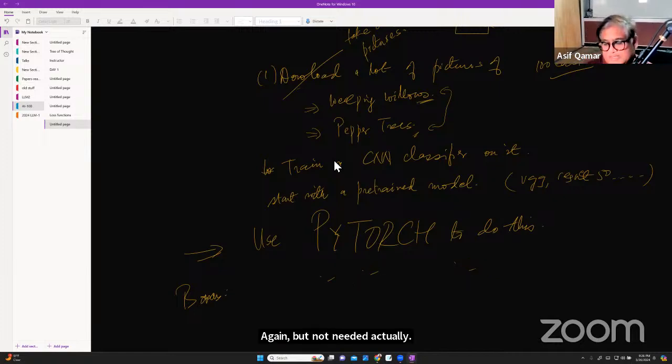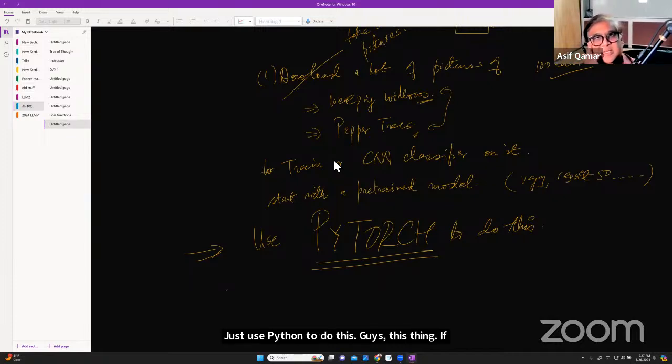Actually, let me take Hugging Face out of this because it makes it too simple. Just use PyTorch to do this. Guys, if you especially download the images, the entire exercise will take you a couple of hours. Can I expect you to do this, guys, this week?